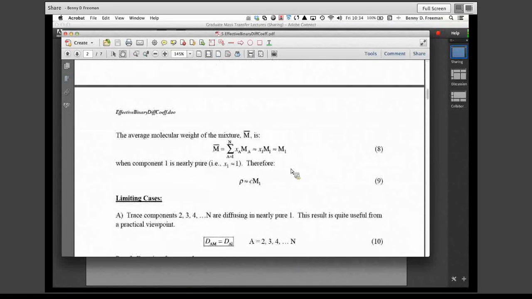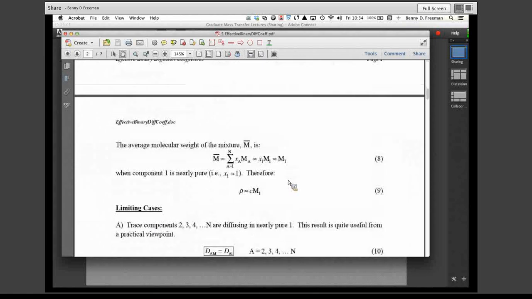The average molecular weight of the mixture is rigorously given by the mole fraction of each component times the molecular weight of those components. And if you have a situation where you have a dilute solution where a component of interest is diffusing in essentially pure background material, which we'll call component 1, then this average molecular weight can just be given by the molecular weight of the component that is there in large concentration.